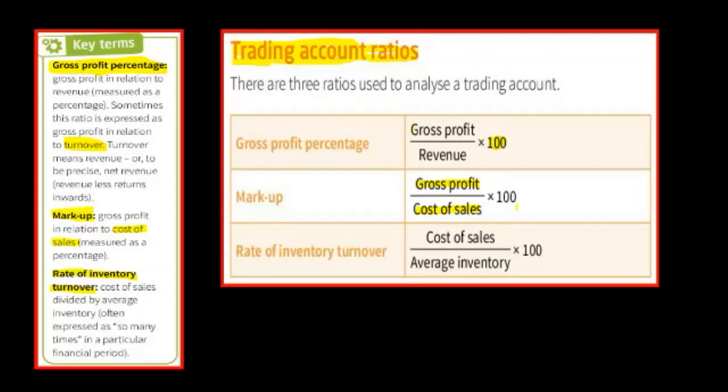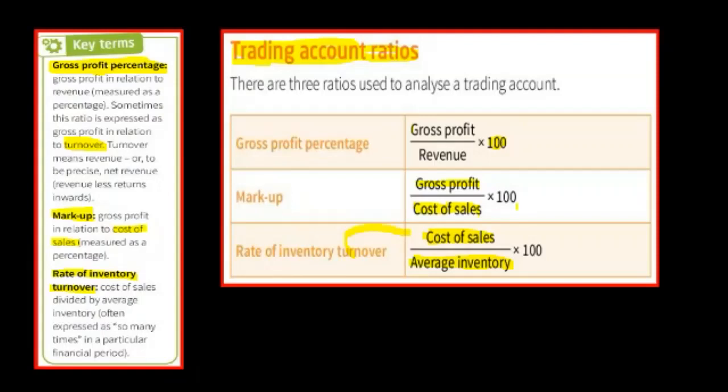The rate of inventory turnover is equal to the cost of sales, the same figure as we have here, divided by the average inventory. To get the average inventory or the average stock, you will need to take the opening stock, add it to the closing stock, and divide it by 2.